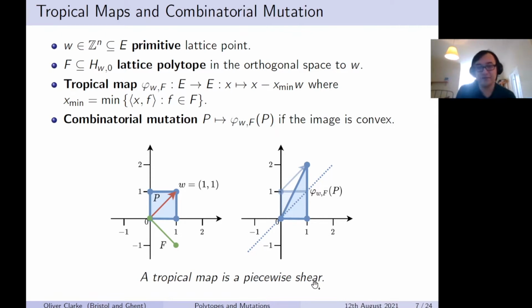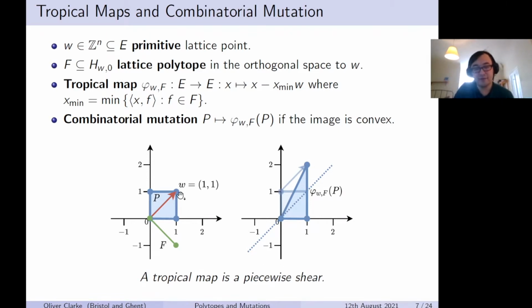On the region below the dotted line, the tropical map is the identity, so it fixes every point pointwise. And above the dotted line, it acts as a shear. So it moves every point in the direction W by an amount proportional to the distance that point is away from the dotted line. So for instance, the point (0, 1) is moved to the point (1, 2).